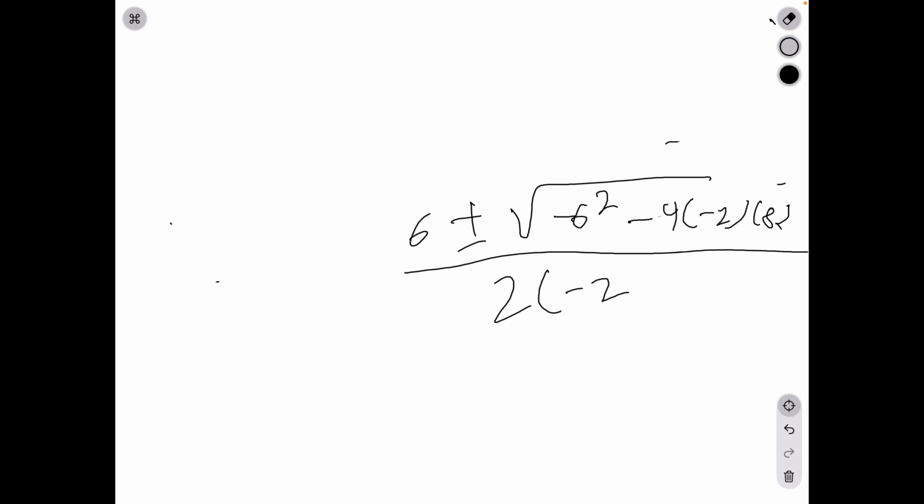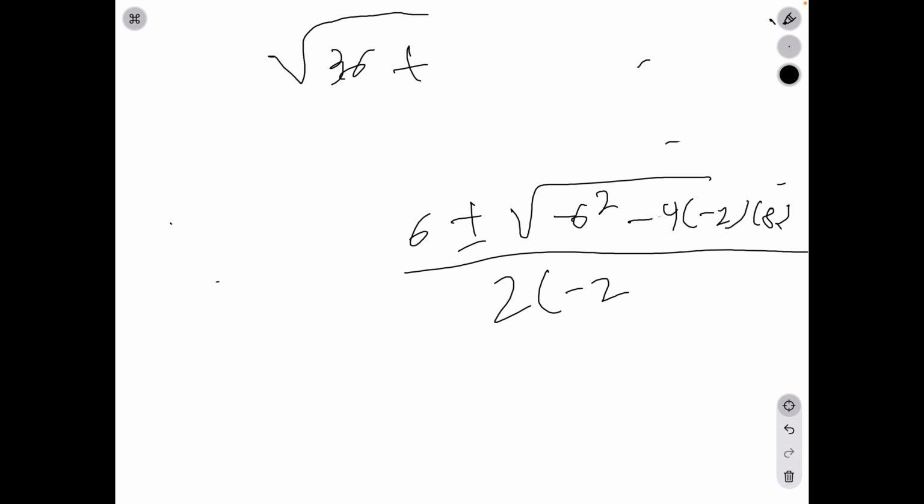So first, let's do the numbers in the square root first. I recommend doing the square root first because that's the easiest and you can get it out of the way, no funny symbols. So first, negative 6 squared is positive 36, because negative times negative equals positive. So then it will be the square root of 36 minus, since there's a negative sign in front of the 4, negative times negative cancel out.